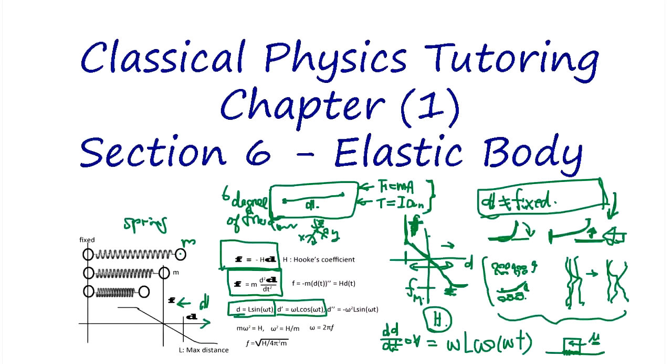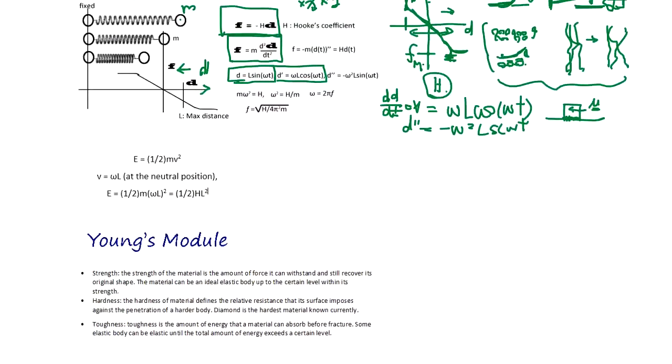And the acceleration, D double prime, is negative omega squared L sin omega t. Now using this, we put it in the original Newton's equation, then we get the relationship omega squared m equals h.